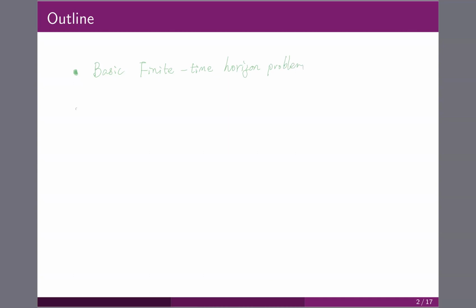After that, we will have an example, an inventory example. We call it the inventory problem.